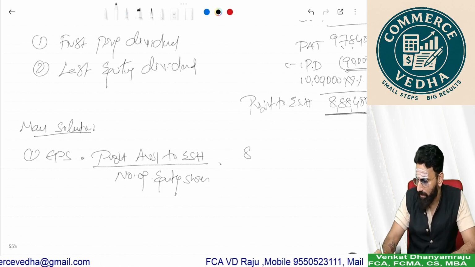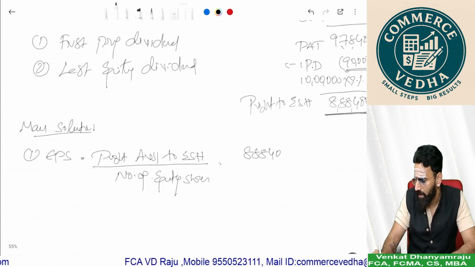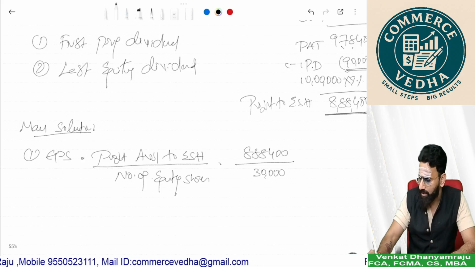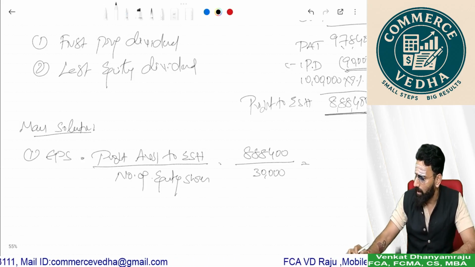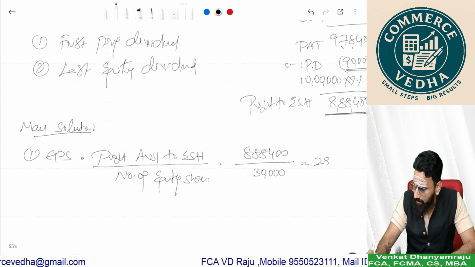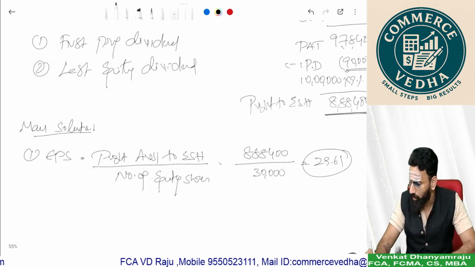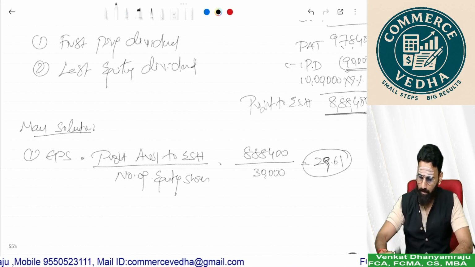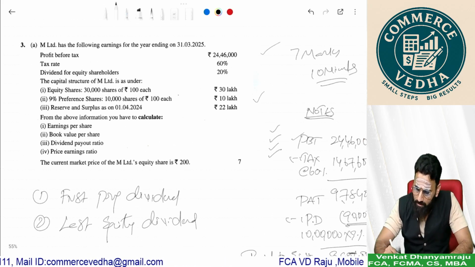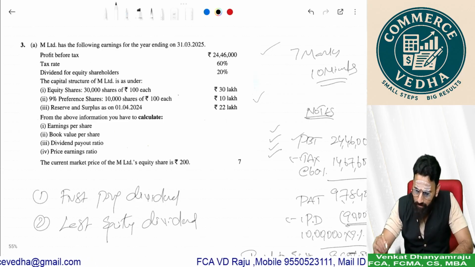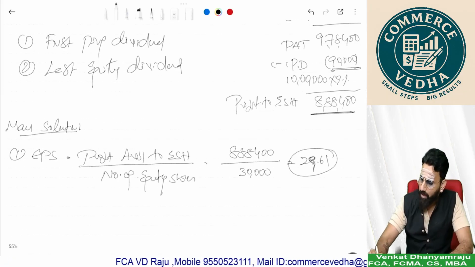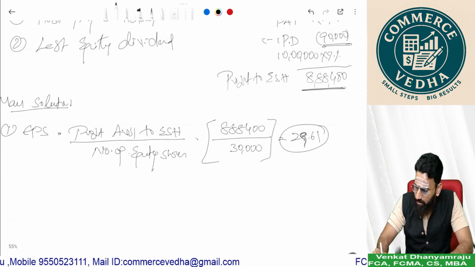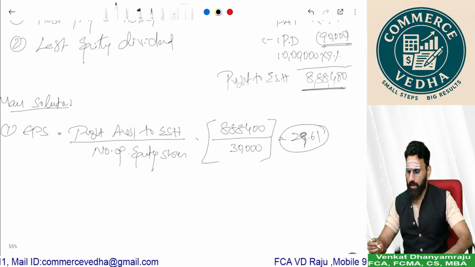Our profit available to equity shareholders is 8,88,400 and number of equity shares is 30,000. So my EPS is 29.61, which I rounded. See the question here: 30,000 equity shares. So profit available is 8,88,400, number of shares 30,000, 29.61 is my EPS.